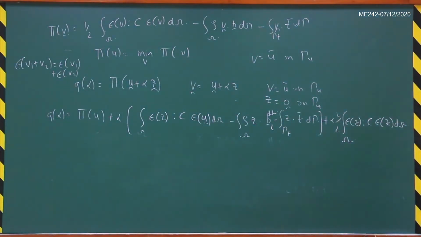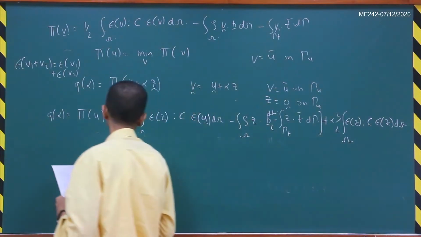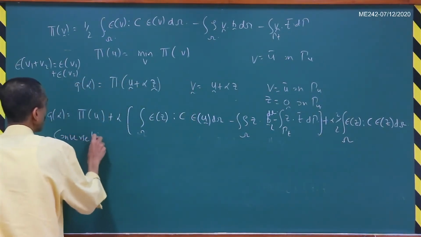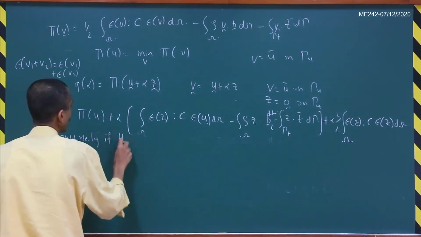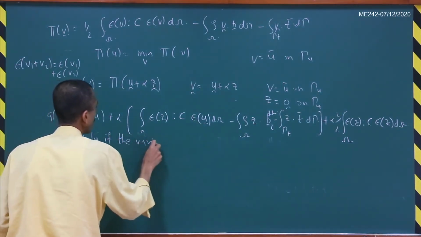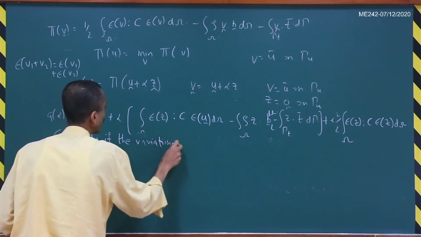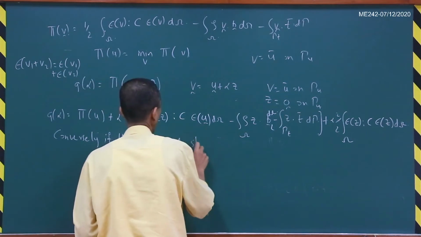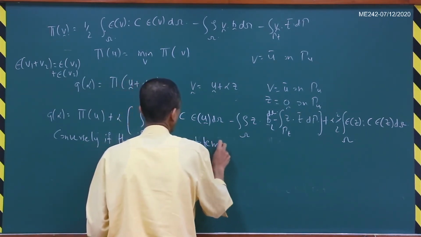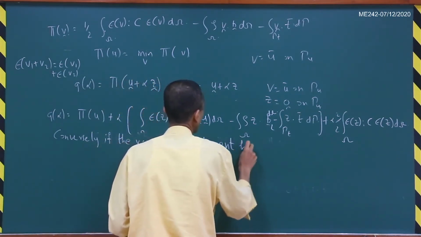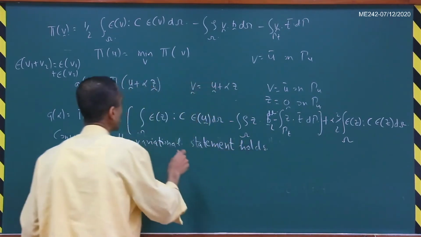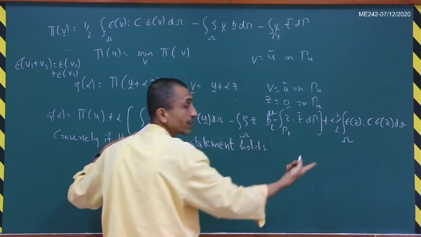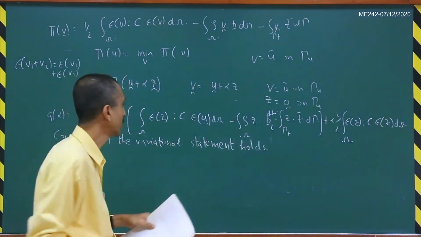So conversely, if the variational statement holds, then in that particular case, whatever is there in the brackets is equal to 0, because that is the variational statement, right?